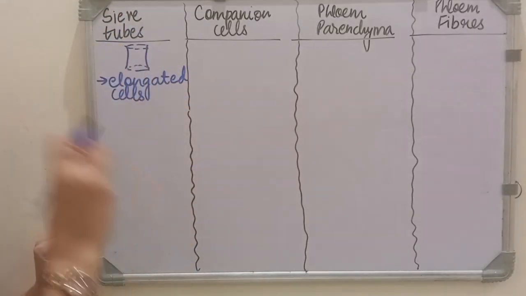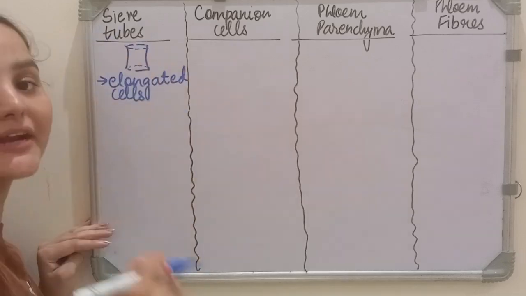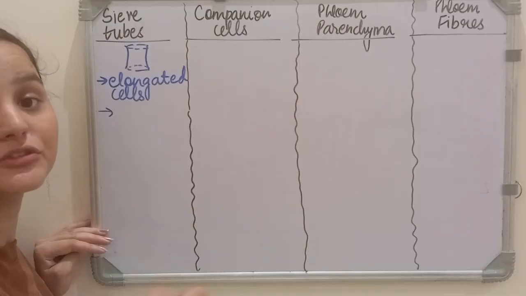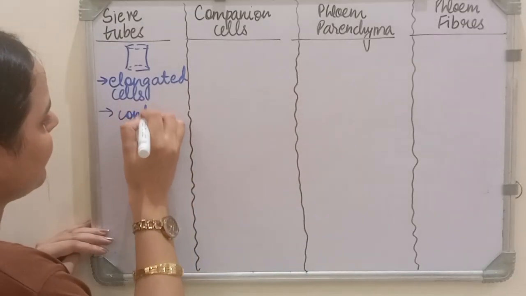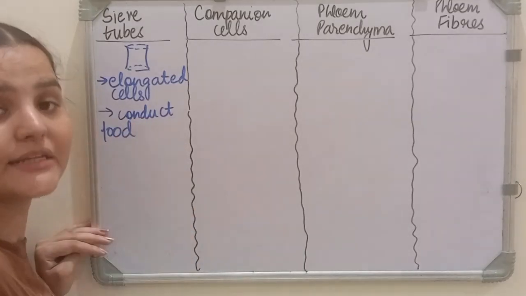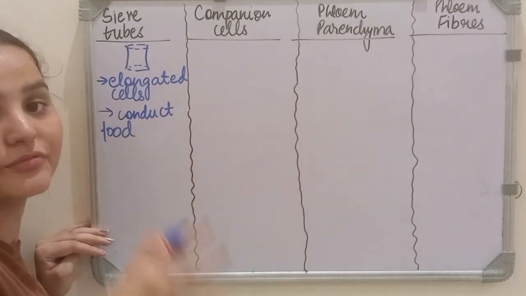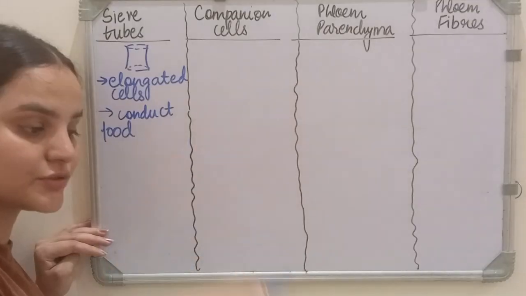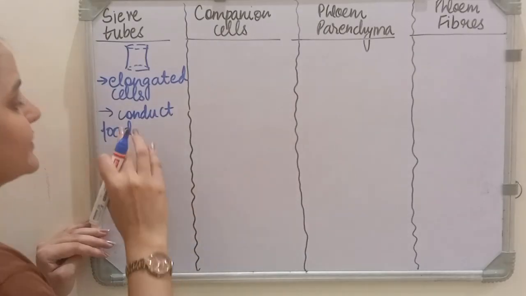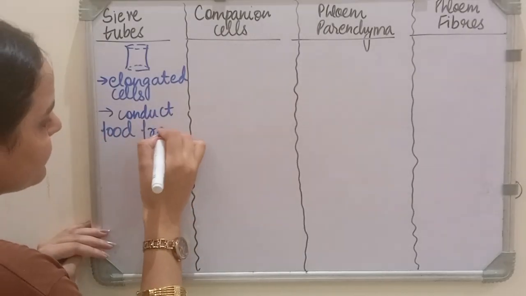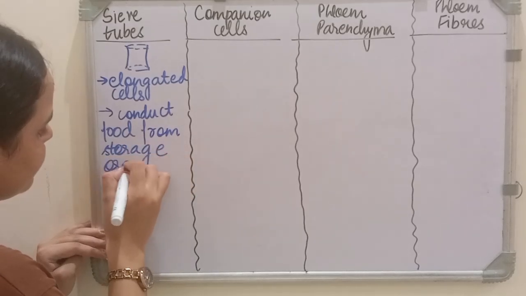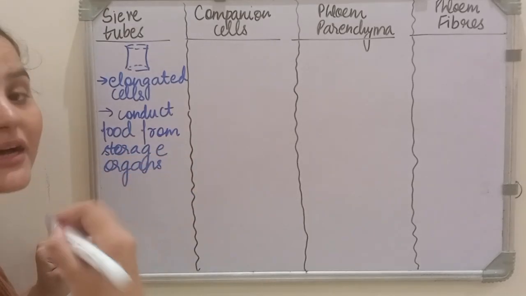Their function is to conduct or transport food from the storage organ to the other parts of the plant. Wherever food is stored, from there the food will be transported to the various parts of the plant.